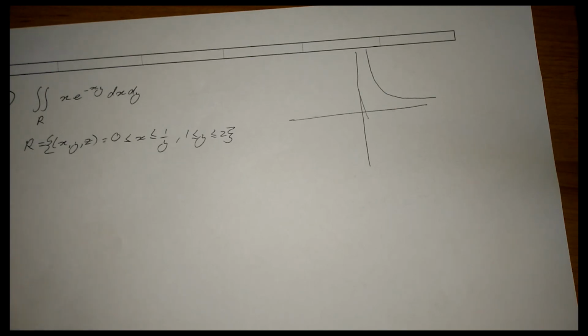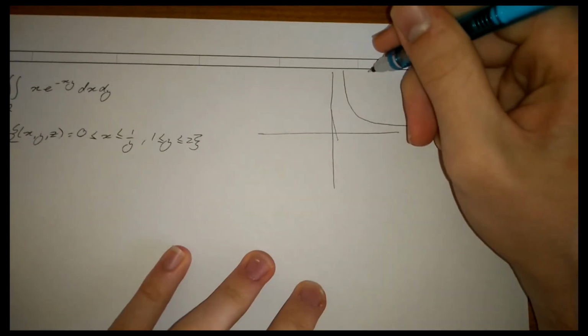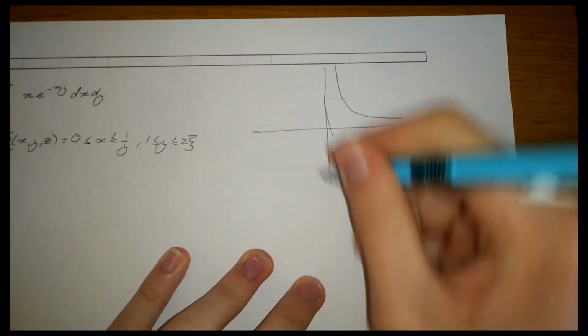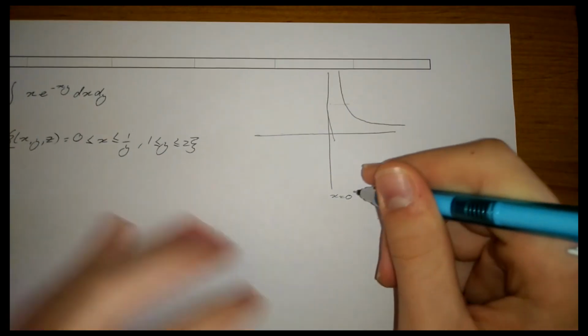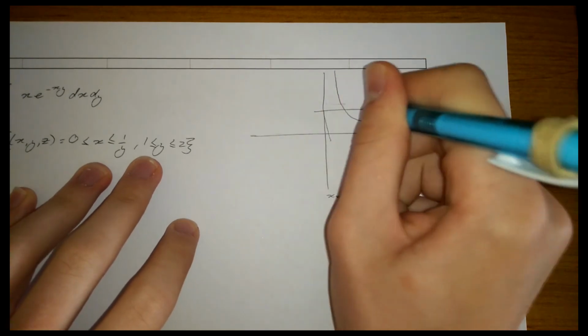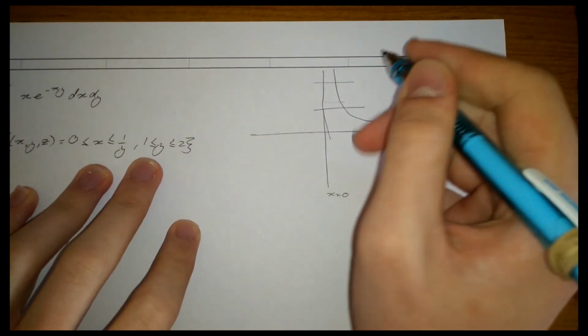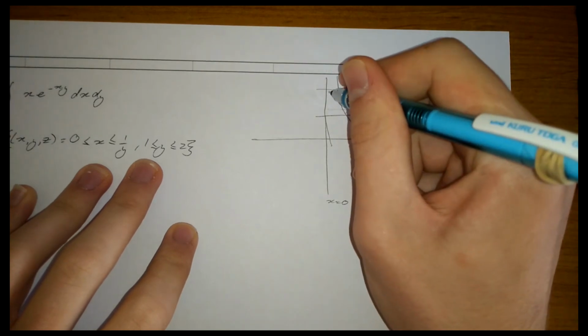Yeah, okay, so from 0 to 1 on y, so that's from x equals 0 to 1 on y, and then y equals 1 to 2, like so.